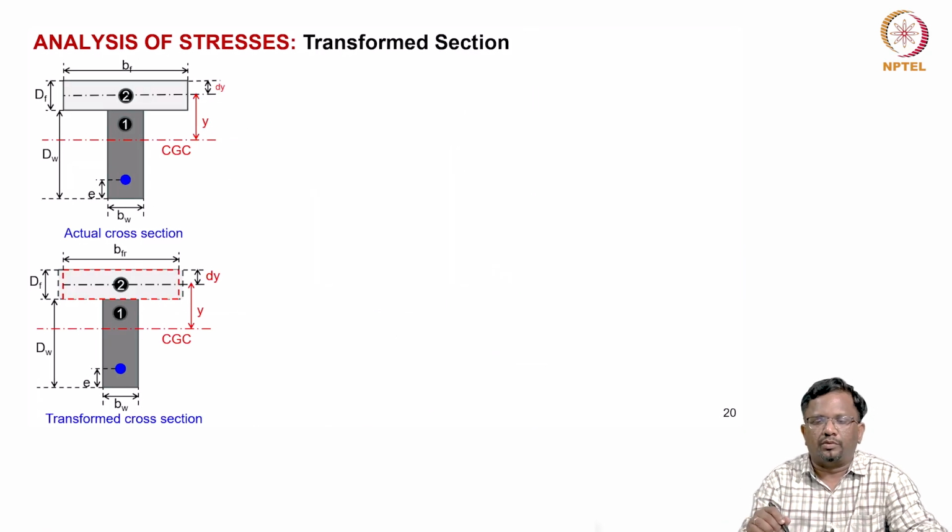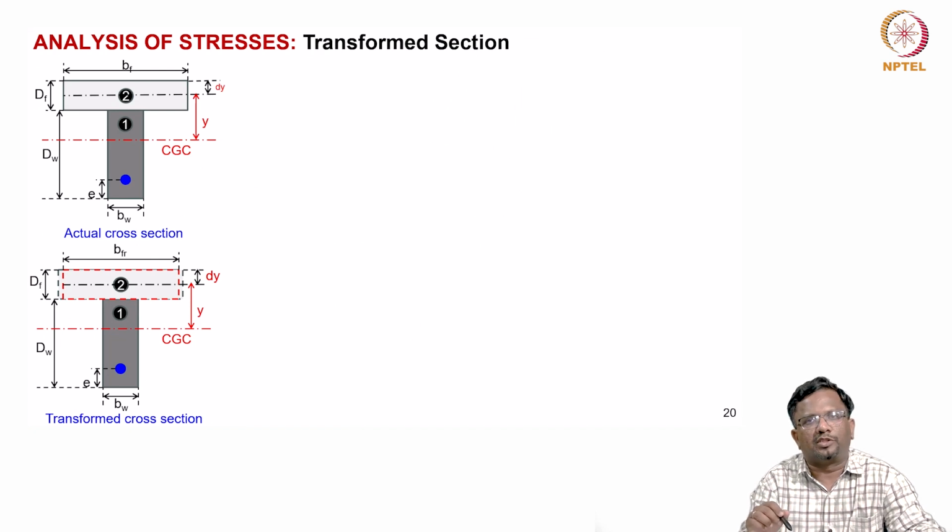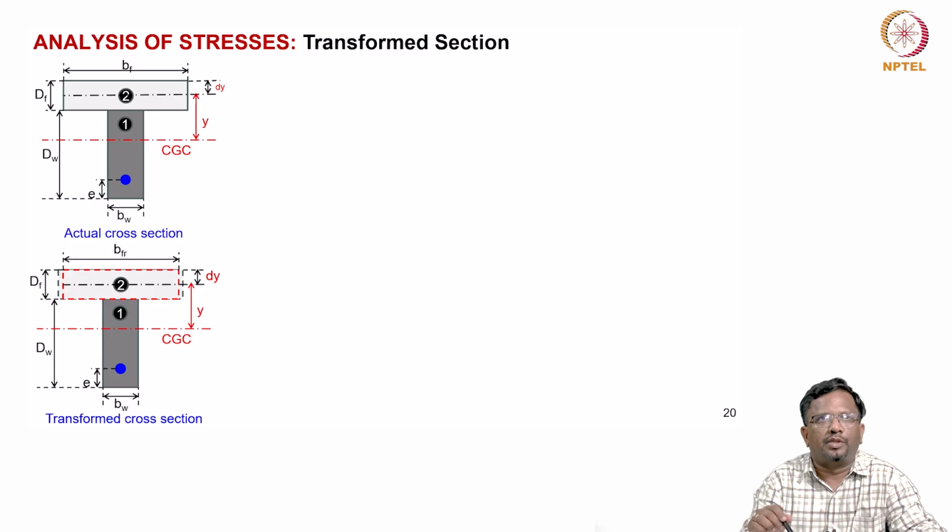Okay. So, now we can also do the analysis using the concept of transformed section. So, let us explain the concept of transformed section. Why do we need to go for transformed section? Because the material elastic modulus for cast in place slab and precast girder can be different.